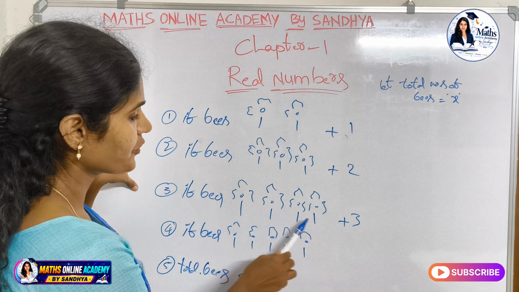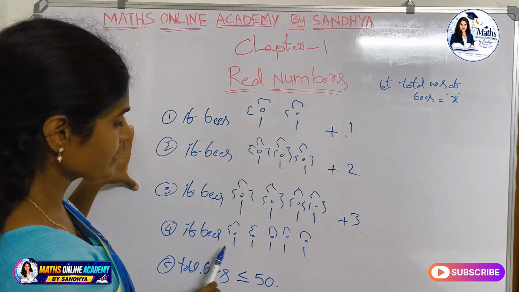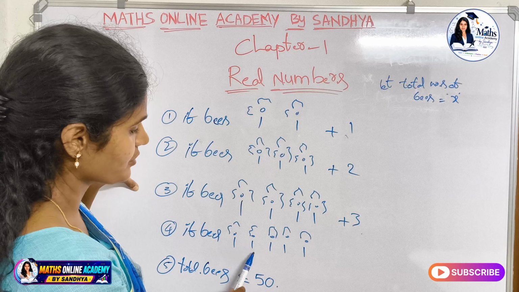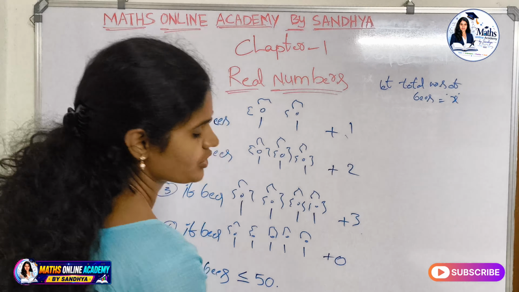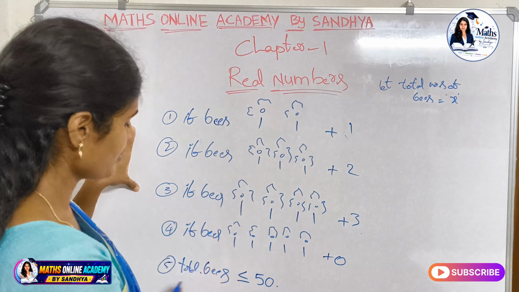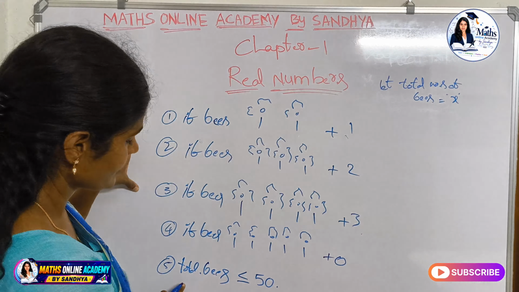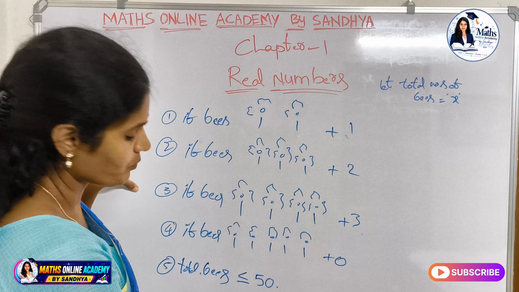If bees sit on 4 flowers, 3 are left over. If bees sit on 5 flowers, nothing is left over, so 0. And the last condition is the total number of bees is less than or equal to 50.